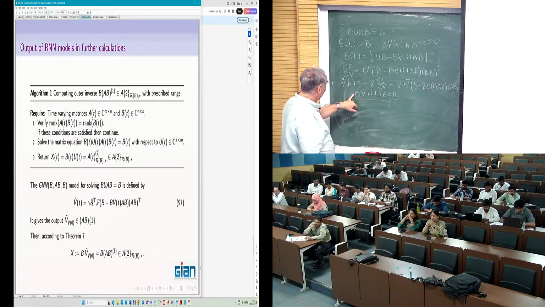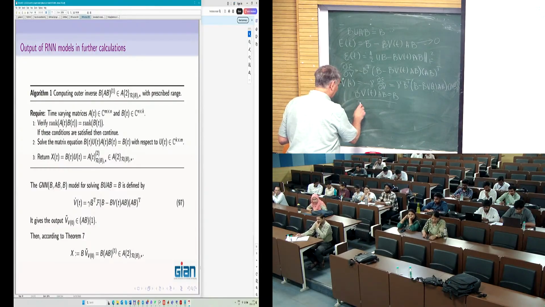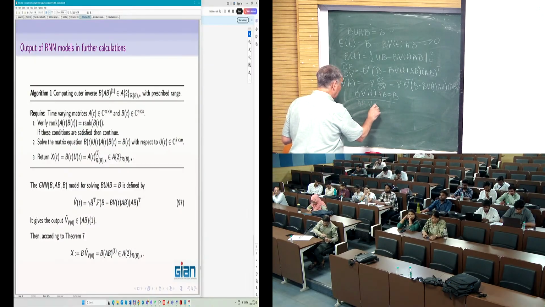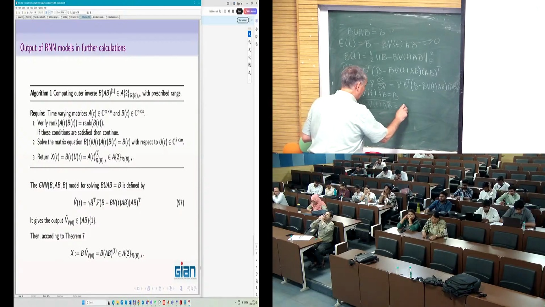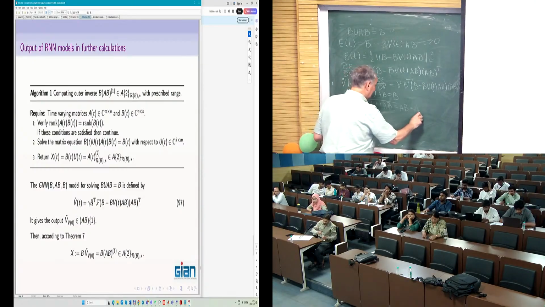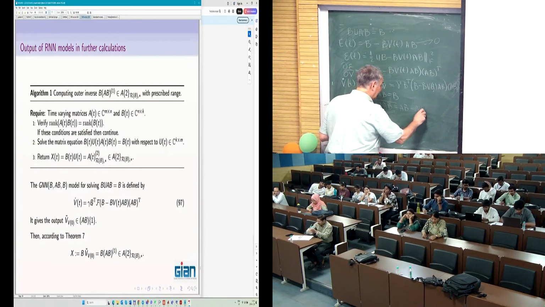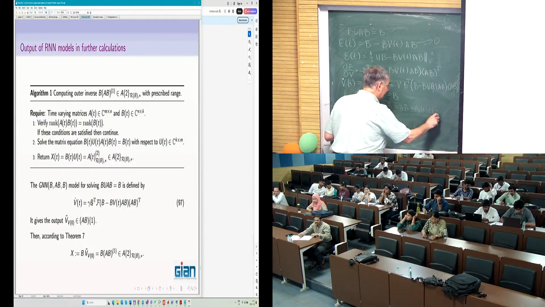If we multiply by AB from the left, I will use the time font to define this, AB V of t AB equals AB, which means that V of t is an element of AB{1}.